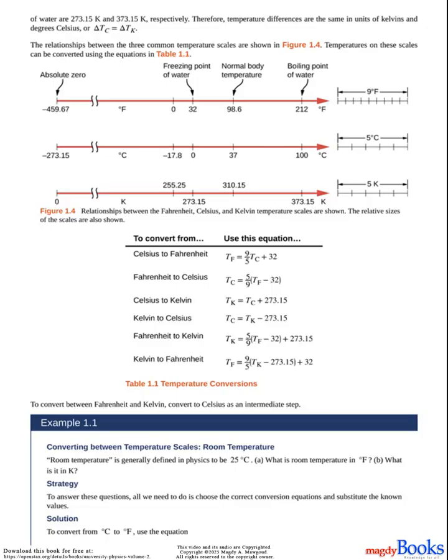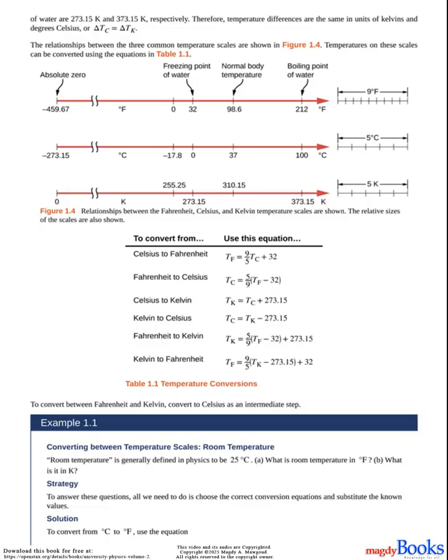3. Celsius to Kelvin. T Kelvin equals T Celsius plus 273.15. 4. Kelvin to Celsius. T Celsius equals T Kelvin minus 273.15. 5. Fahrenheit to Kelvin. T Kelvin equals 5 over 9 times (T Fahrenheit minus 32), plus 273.15. 6.